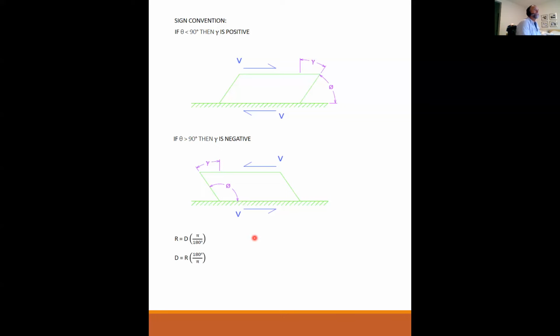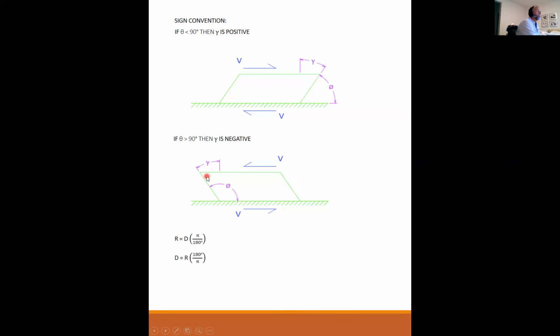Because I look at this block, and let's say the block is going north-south, right? So this is north and this is south. Well, then that means I'm looking at the block towards the west. What happens if I just walk around the block, literally, and look at it to the east? Then this is what I see. Did a positive just become a negative shear strain?